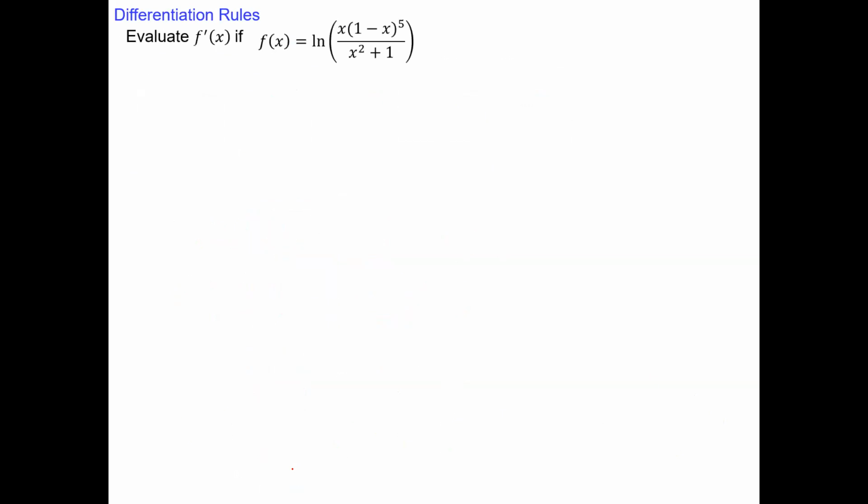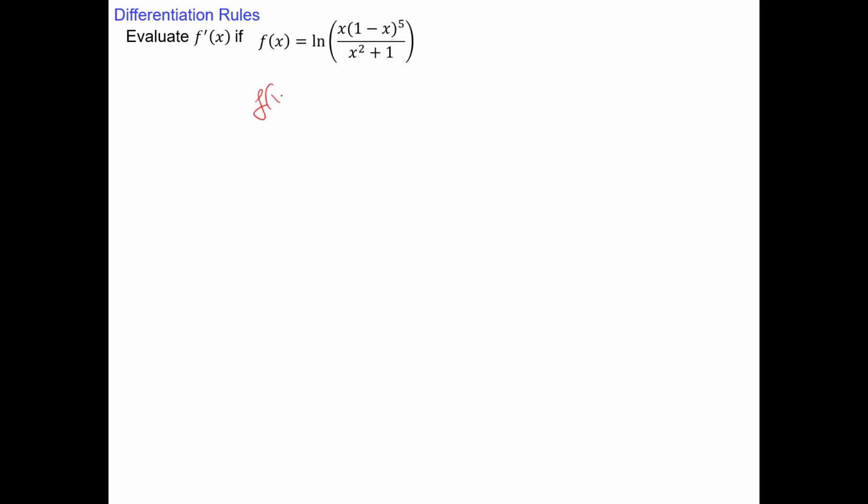Another differentiation problem. Let's find the derivative of the function f of x, and the function f of x is defined, too complicated: natural log of x times the quantity 1 minus x to the power of 5, all over the quantity x squared plus 1. Definitely, we can see lots of product rule, quotient rule, chain rule.